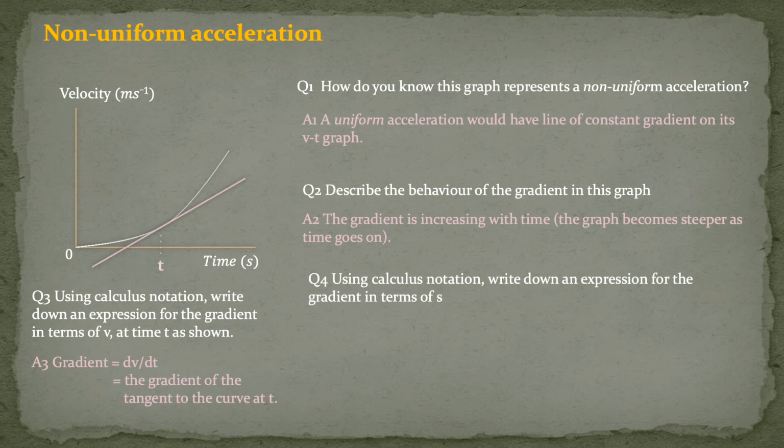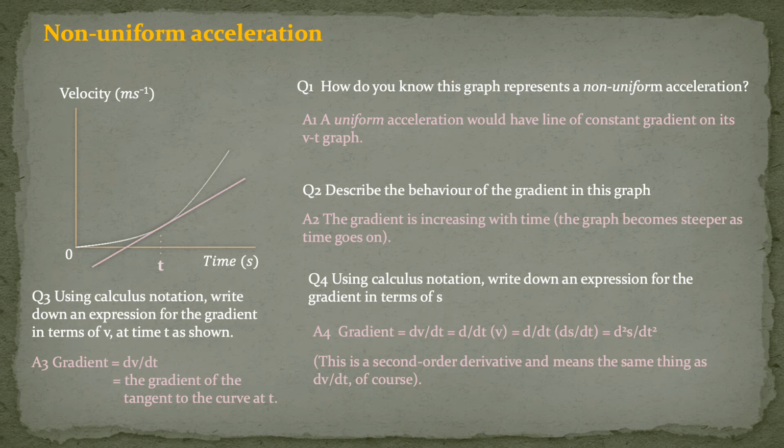Again, using calculus notation, write down an expression for the gradient, but this time in terms of s displacement. Well, we know the gradient is dv by dt, and that can be written as d by dt of v.